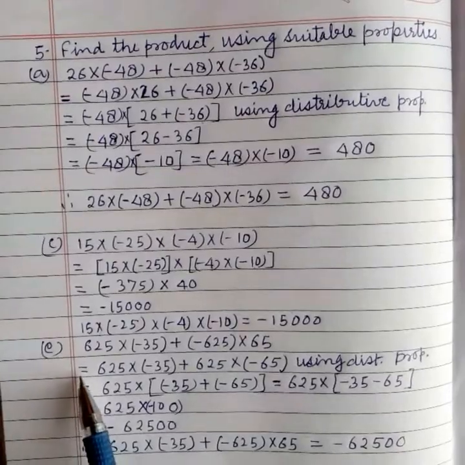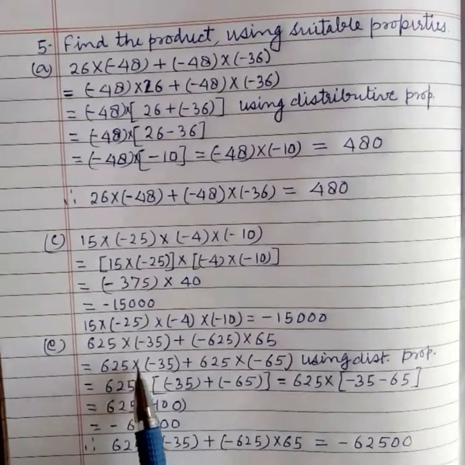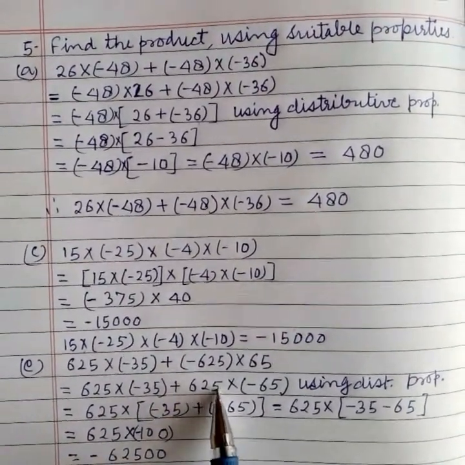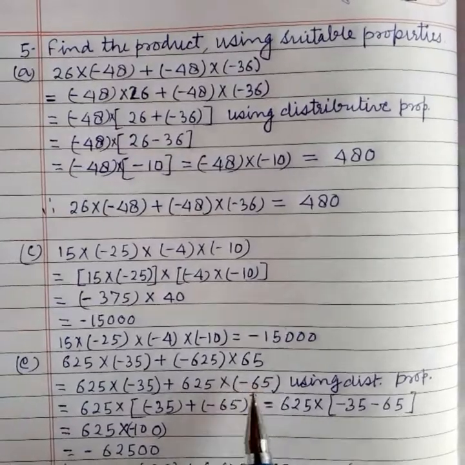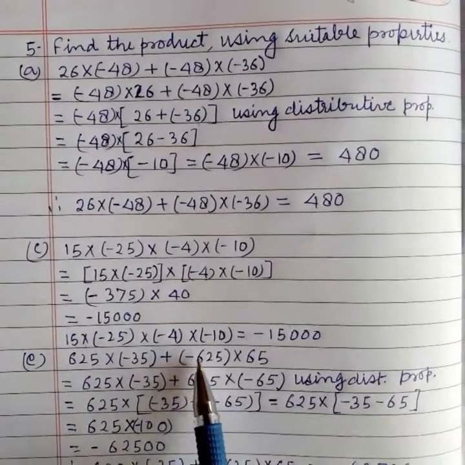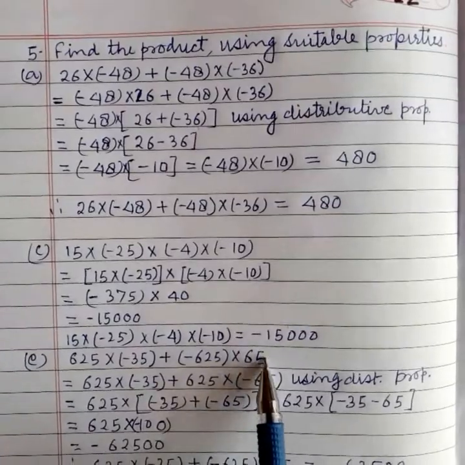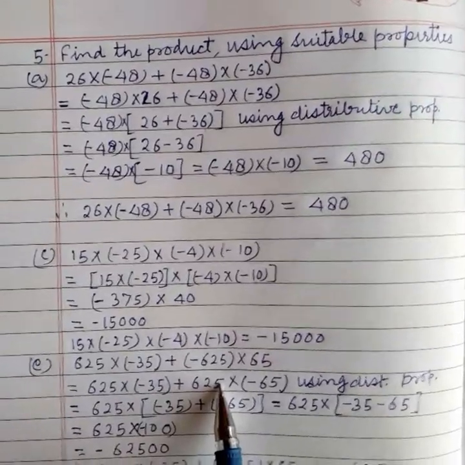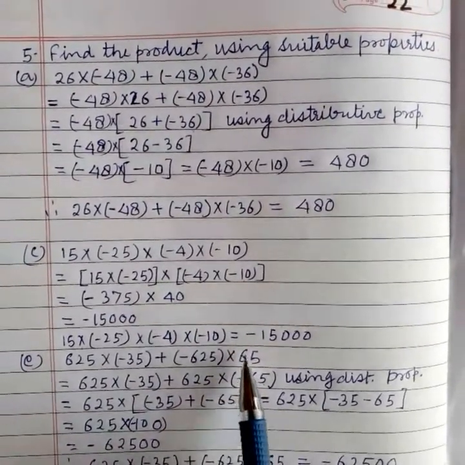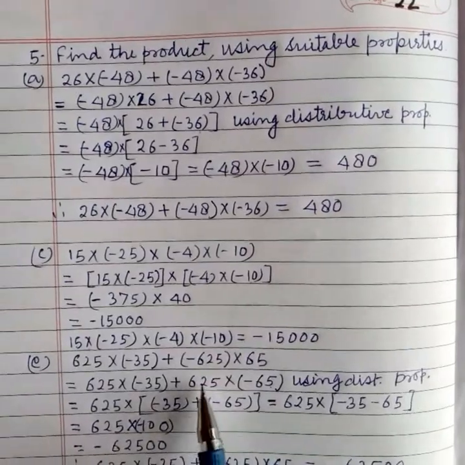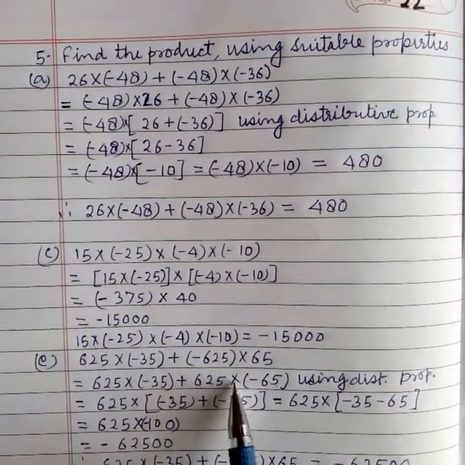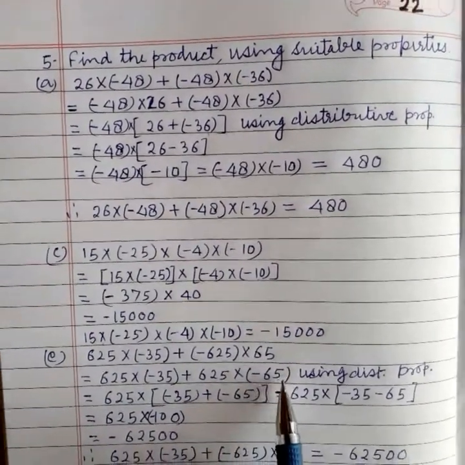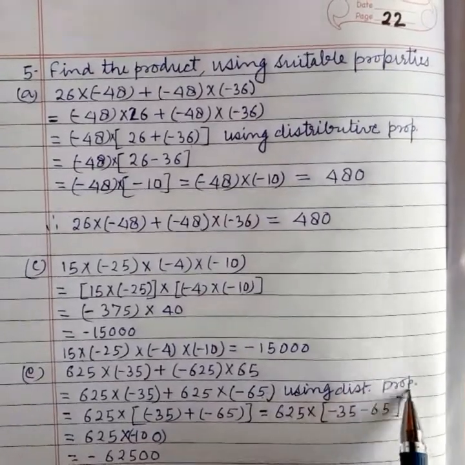So it can be written as 625 into minus 35 plus, here we can write 625 into minus 65, because the product of minus 625 and 65 is equal to the product of 625 and minus 65. So these two products are equal, therefore we can write 625 into minus 65 in place of this. This is using the distributive property.